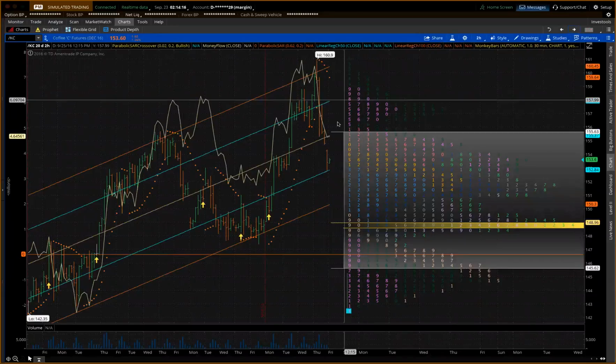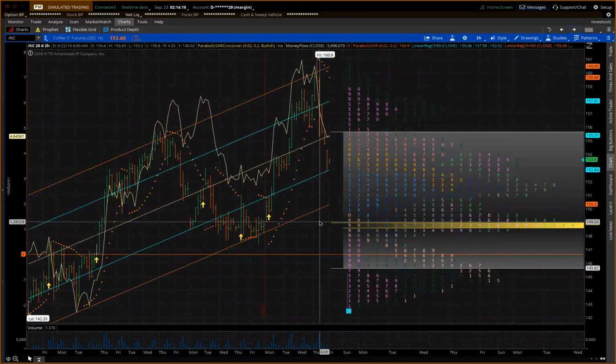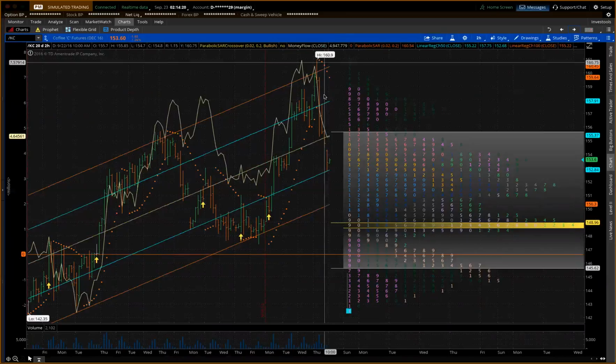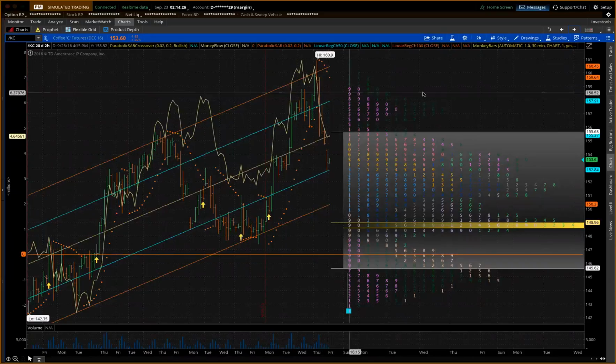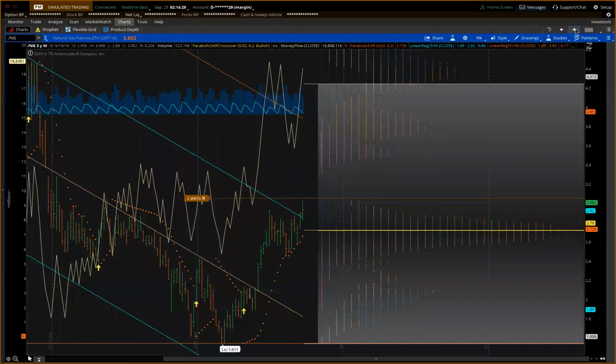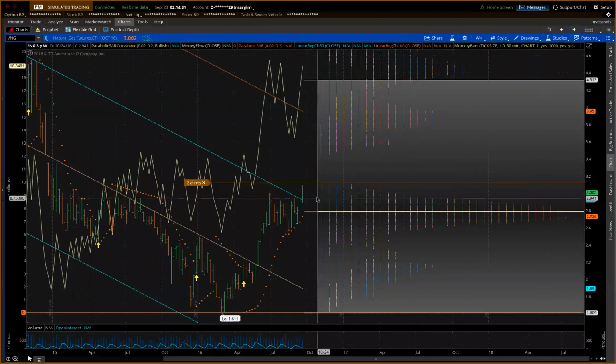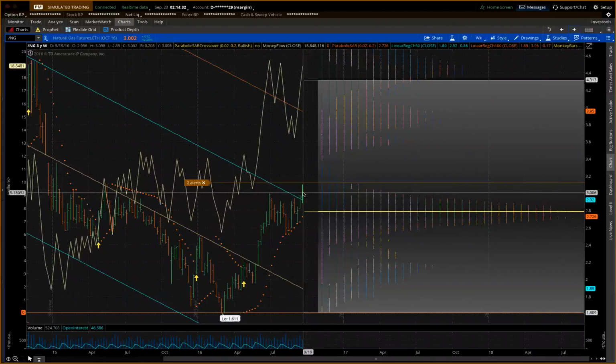Coffee to come back into the accumulation mode again. That's a pretty good move in coffee, 8 cents. And natural gas, we have the breakout, but we're back to about halfway. So we need to see some support in natural gas here.